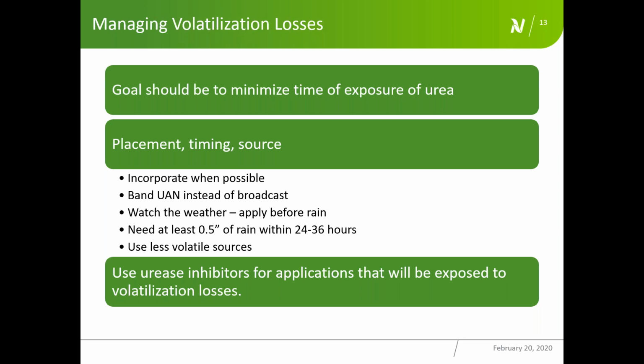We can also use less volatile sources. For example, ammonium sulfate is generally not volatile. At high soil pH, we could lose ammonia from ammonium sulfate, but because it's an acidic material and it doesn't go through that conversion process of urea, generally volatilization from that source would be much less.